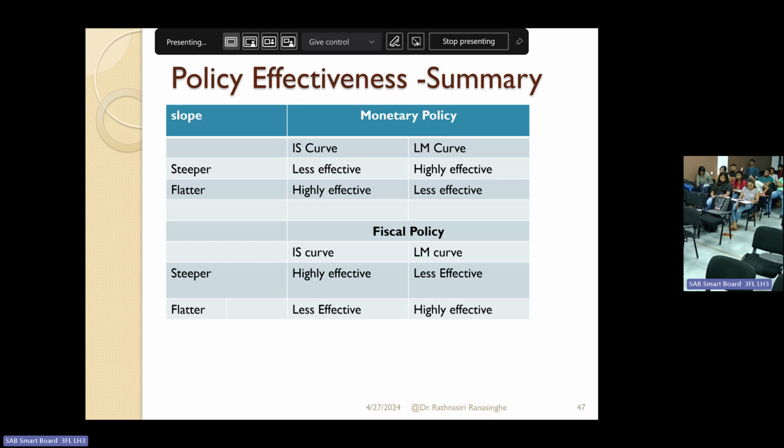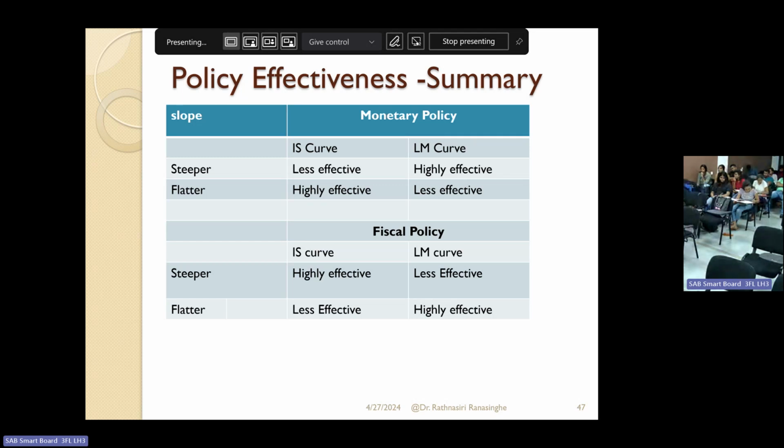So that means if there is a flatter IS curve, that means if there is high interest elasticity of investment, monetary policy is effective. If we have the flatter IS curve, monetary policies are effective.